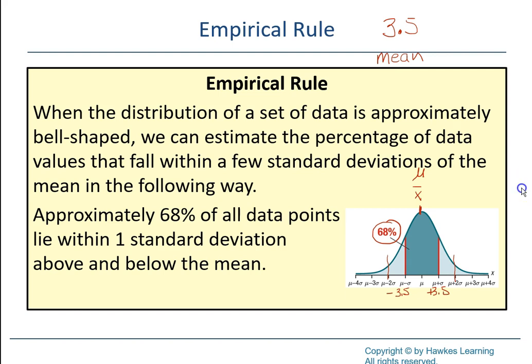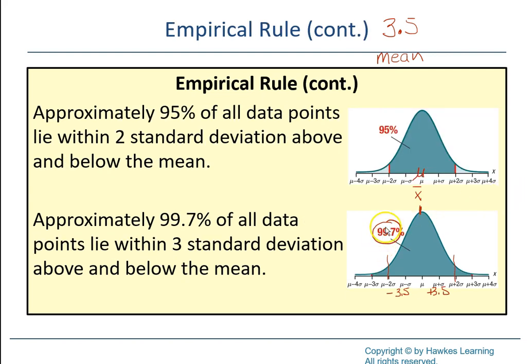And the answer is 95%. Okay. And then how about three standard deviations? A negative 3 standard deviation, a positive 3 standard deviation. This would be 99.7% of your population.